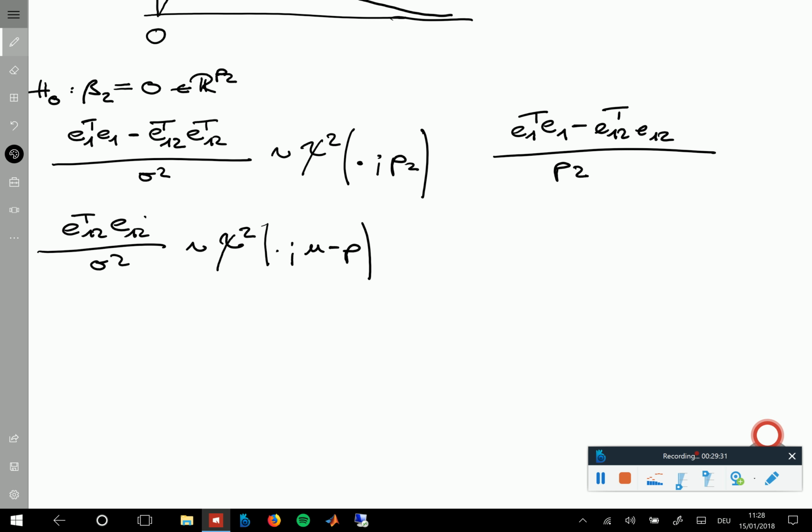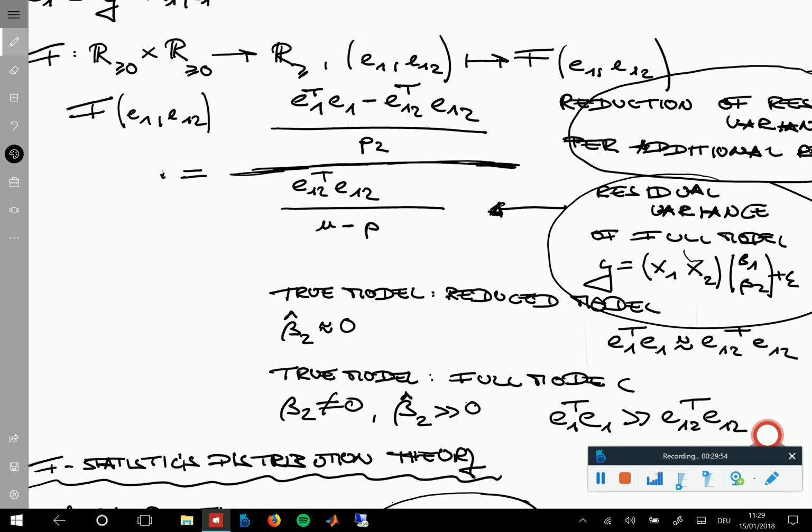divided by p_2 sigma square, and if we divide this by e_12^T e_12 divided by its degrees of freedom, n minus, there's a p_2 missing. Well, let me check. Let's go back to where we are.